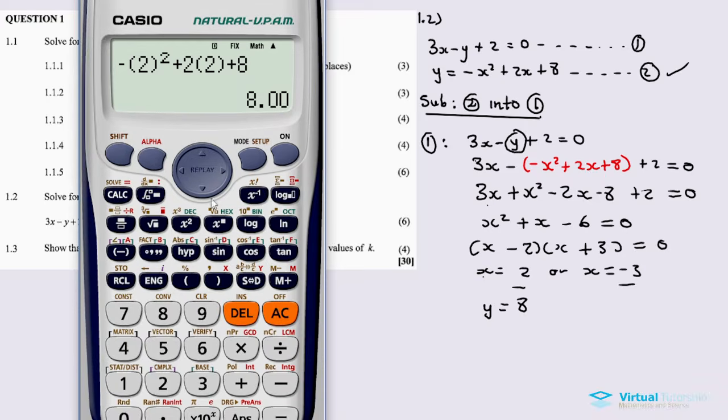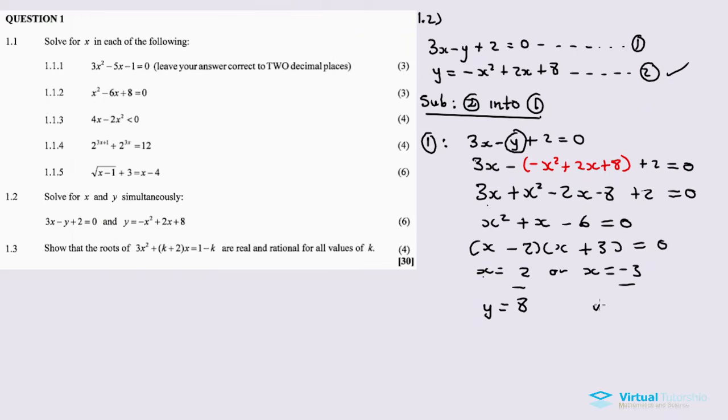If x is equal to negative 3, y is equal to negative 7. So now these are our solutions for the simultaneous equation.